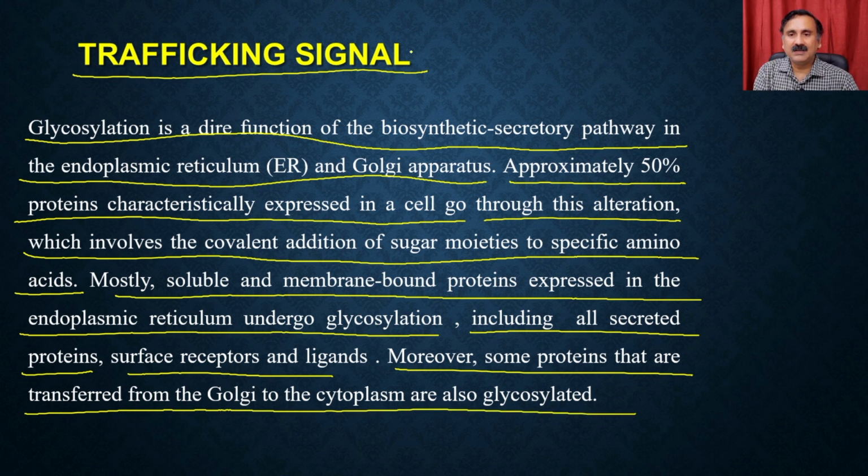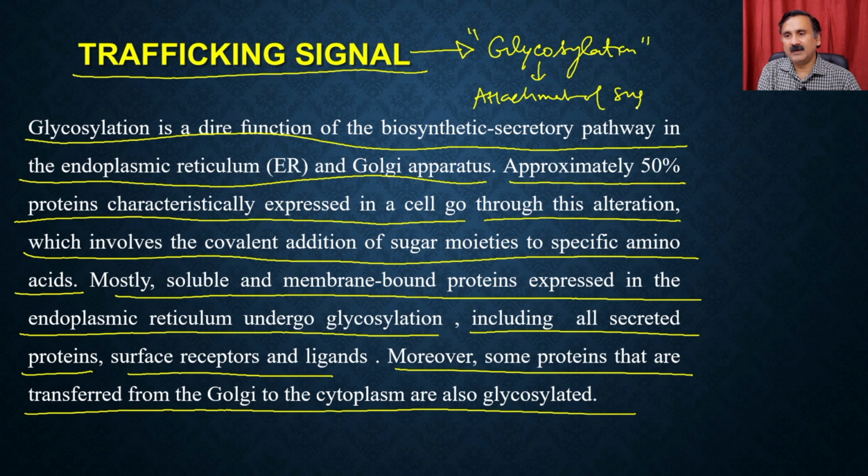So one of the easiest ways of generating the trafficking signal is to modify the protein with the help of glycosylation. Glycosylation means the attachment of sugar to the protein, and it's not only a single sugar, it can be a complex sugar molecule.